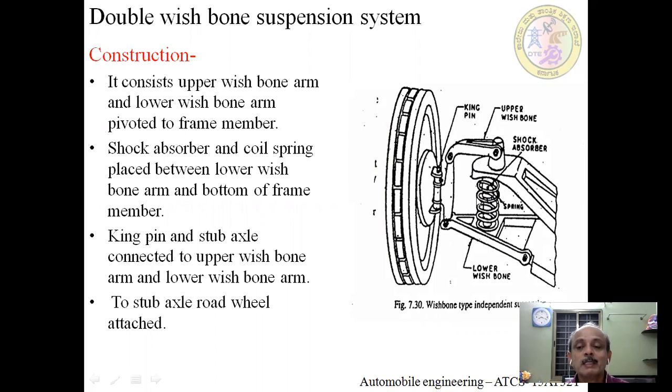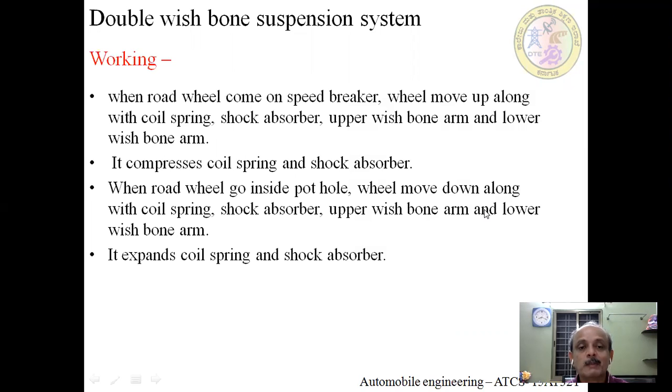This compresses the coil spring and shock absorber. And when the wheel goes down, the lower wishbone arm and upper arm also go down, so the coil spring and shock absorber expand. That is the main point. Very simple construction and working.